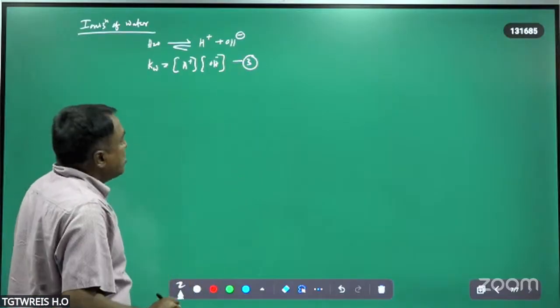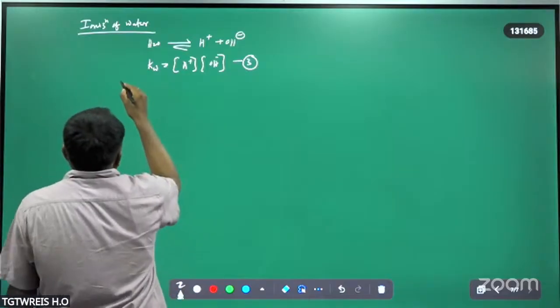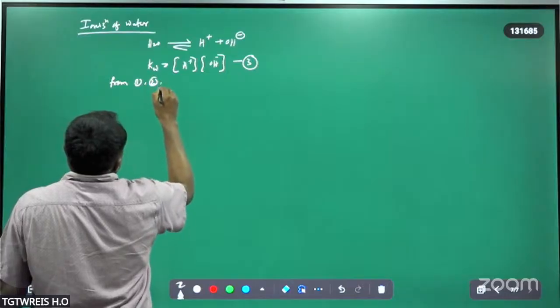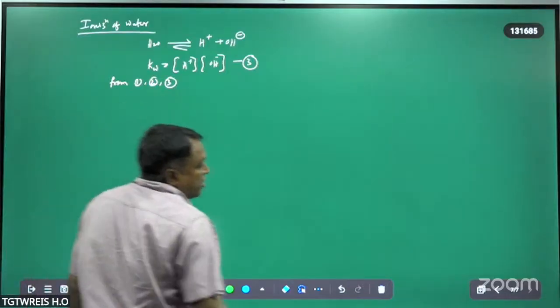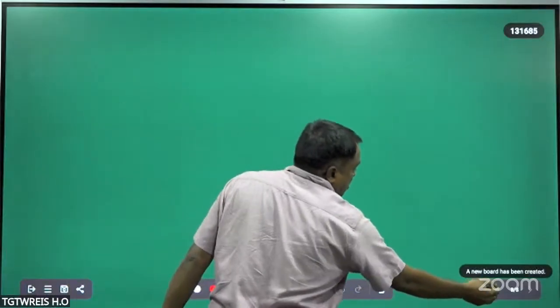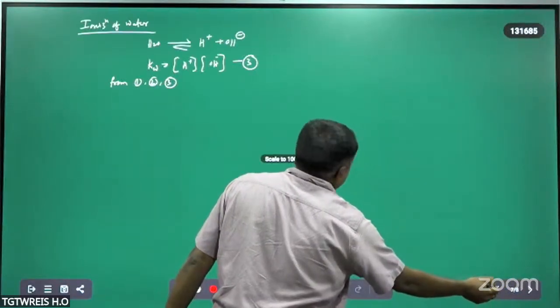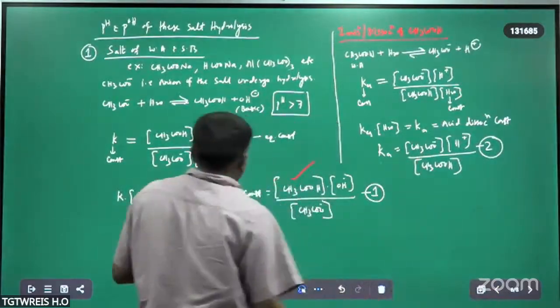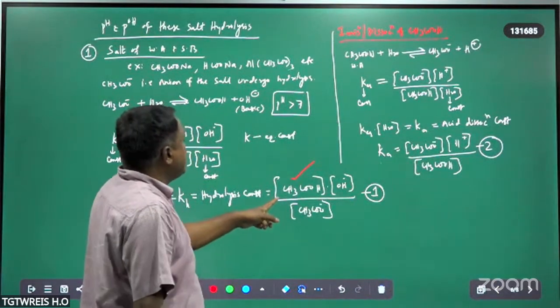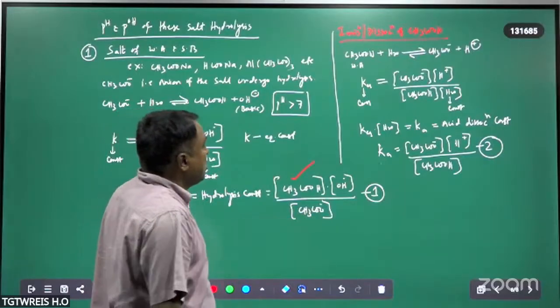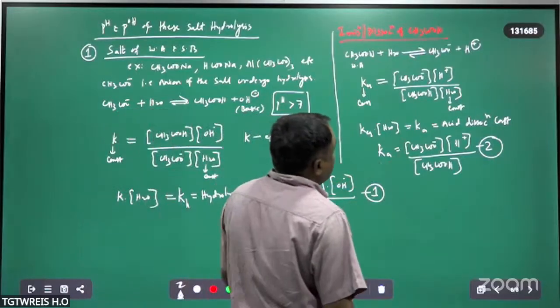By taking equations 1, 2, 3, from equation 1, equation 2, equation 3. So what is equation 1 now? Equation 1 is this one: acetic acid concentration by OH minus concentration by CH3COO minus. So this is equation 1. This is equation 2.